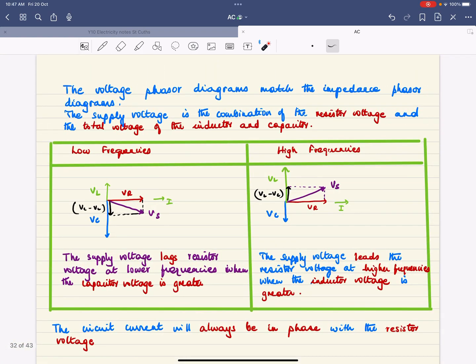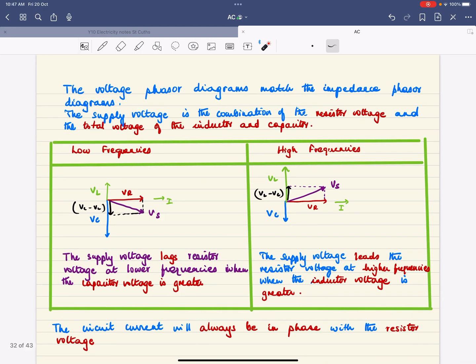Now the voltage phasor diagrams match the impedance phasor diagrams. So the supply voltage is a combination of the resistor voltage and the total voltage of the inductor and capacitor. So these are voltage phasors for low frequencies and voltage phasors for high frequency.